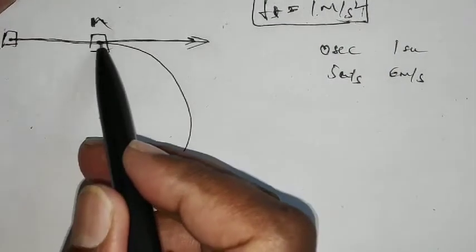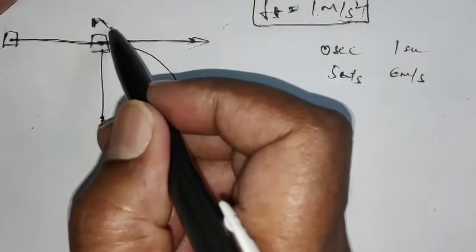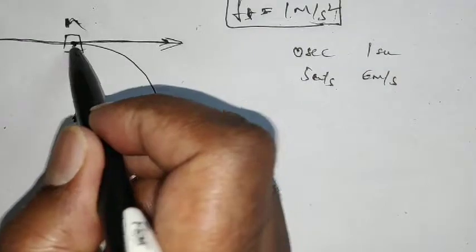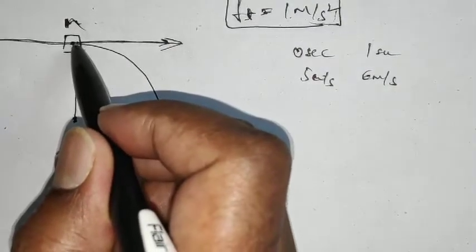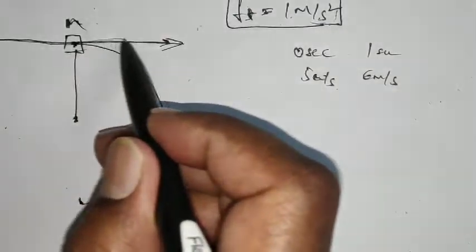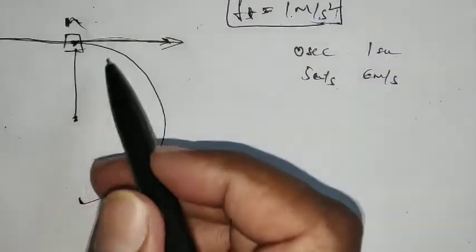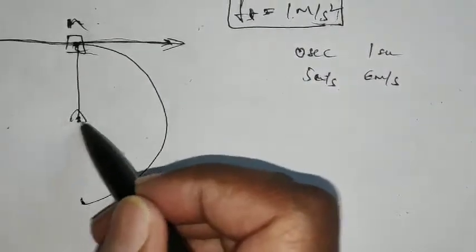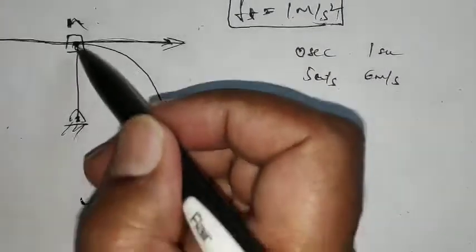And therefore at this point, imagine it is 5 meter per second and it wanted to increase its speed to 6 meter per second if it was to go along a straight line like this, but it is now suddenly made to move along a circular path like this. Maybe you can imagine that it is suddenly inched about this point.